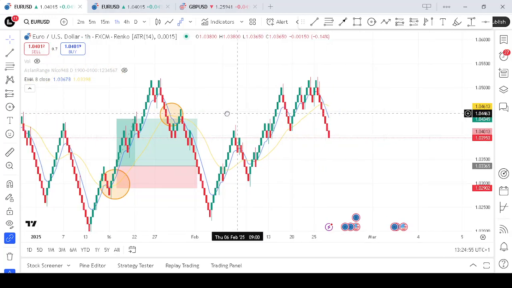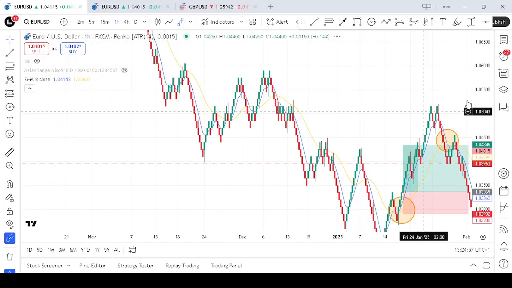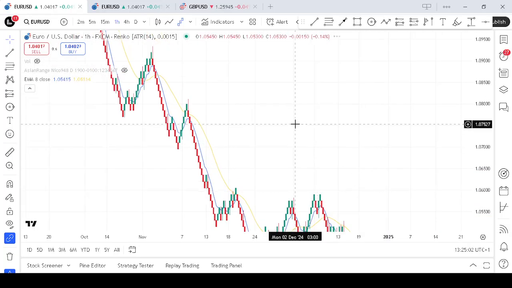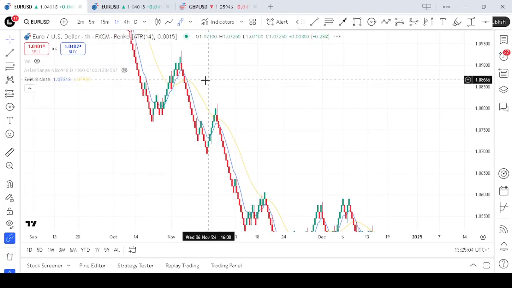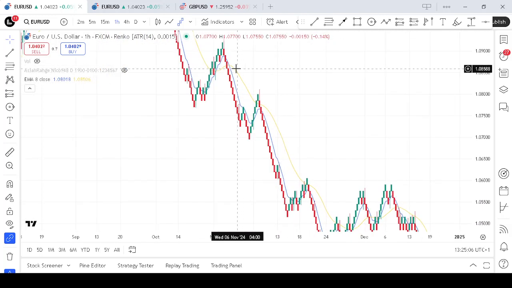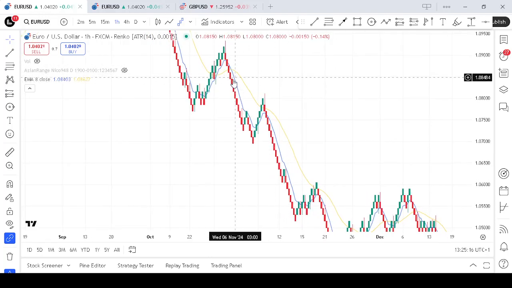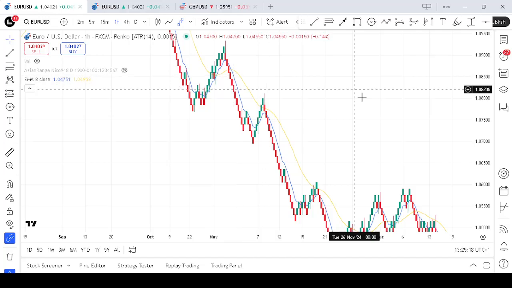Now let's look at a bearish scenario. Let's not forget the same principle goes. When you notice that the smaller moving average, the 8 EMA, crosses below the longer moving average, the 21 EMA, it is a sign for a bearish trade.